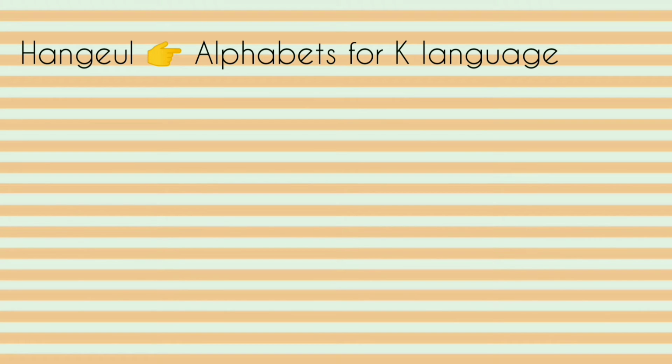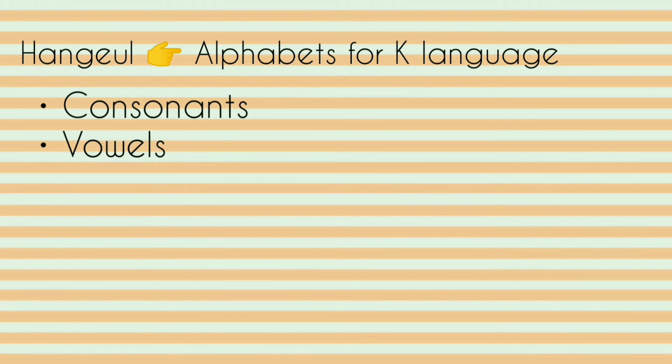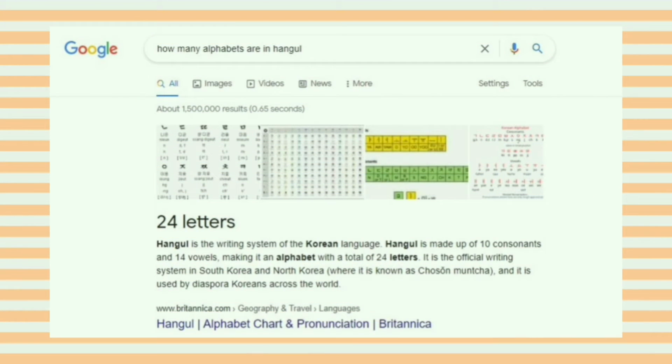Just like Urdu and English, Korean also has both consonants and vowels in its script. Google says that the Korean language has 24 alphabets, which include 14 consonants and 10 vowels. When I started learning Korean and searched for Hangul, I found the same thing, that there were 24 alphabets.